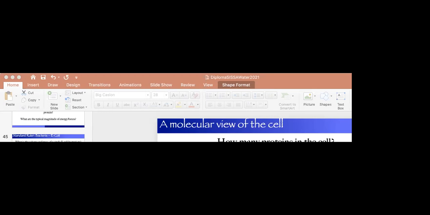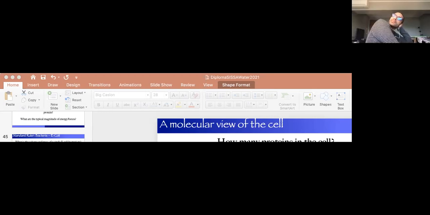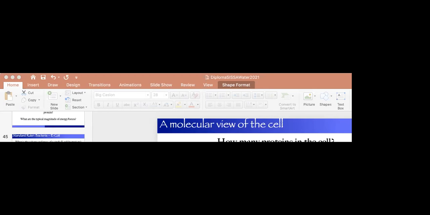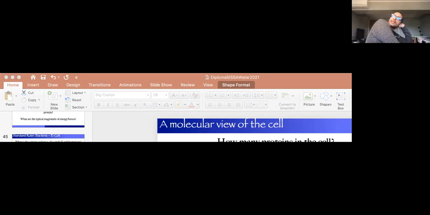So 15% of 1 picogram is the total weight of the protein. And then the average weight of a single protein is just 30,000 times 1.6 times 10 to the minus 24 grams. That's just the weight of a single protein.